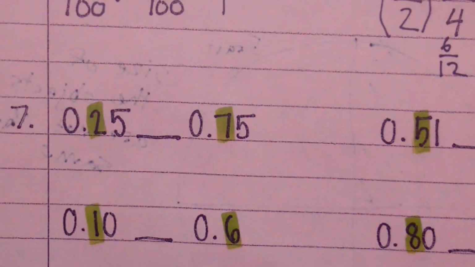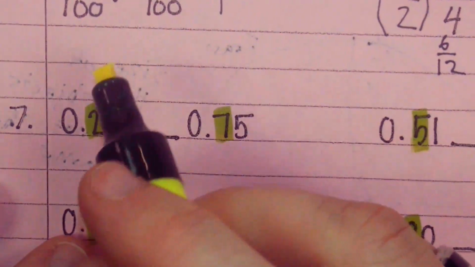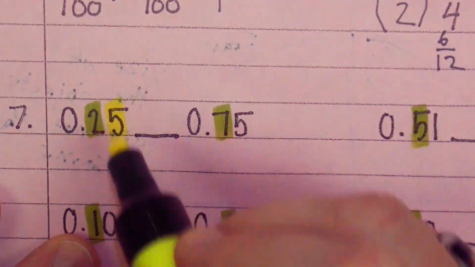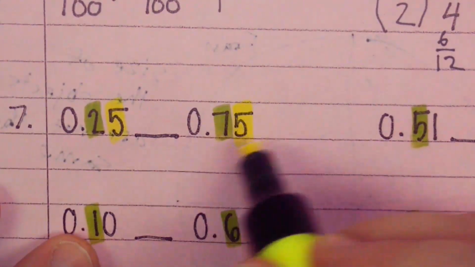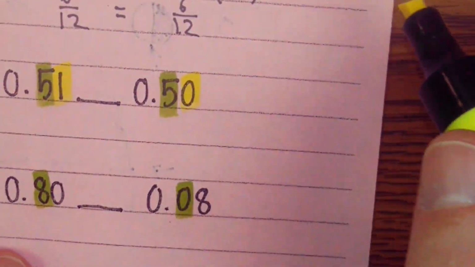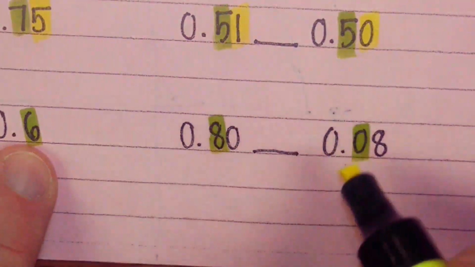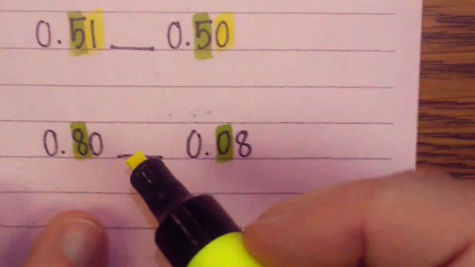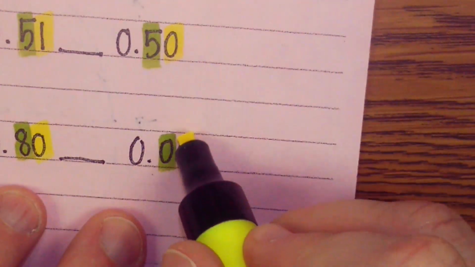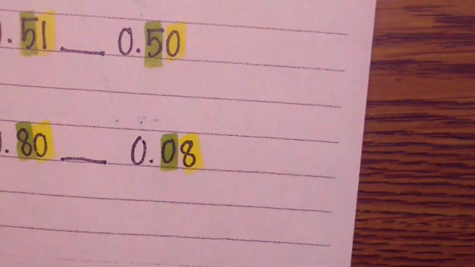Because if you think of it, those green strips have 10 yellow units in them, right? So this would be like 25 hundredths, 75 hundredths, 51 hundredths, 50 hundredths, 10 hundredths, 6 tenths, that's going to be an interesting one, 80 hundredths, and 8 hundredths, okay?